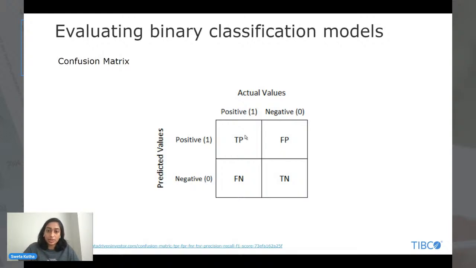This is just common nomenclature for describing these terms. If we predict that something is a 1, but it's actually a 0, that means we have a false positive. And likewise, we also have false negatives and true negatives. So these are how these terms fit into this confusion matrix.